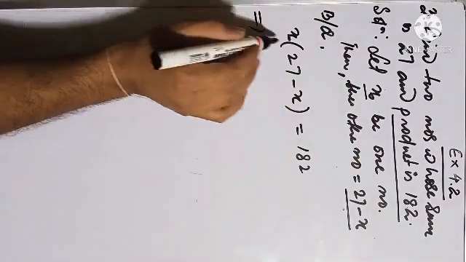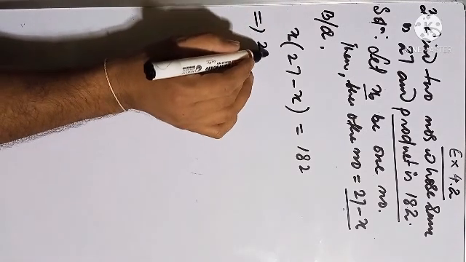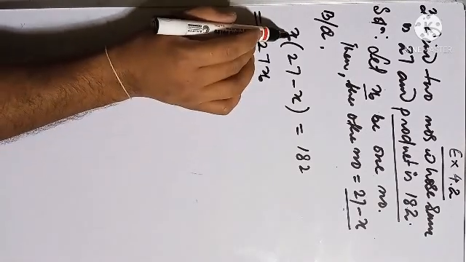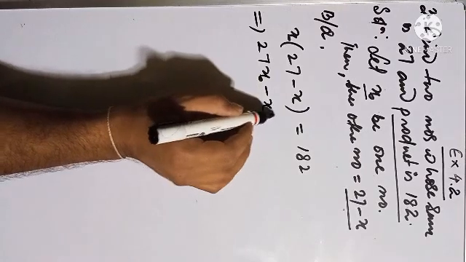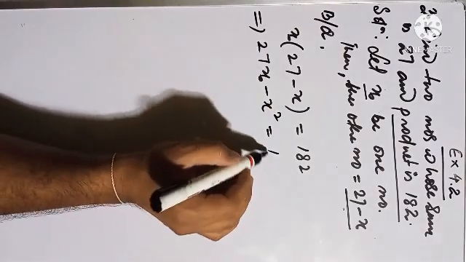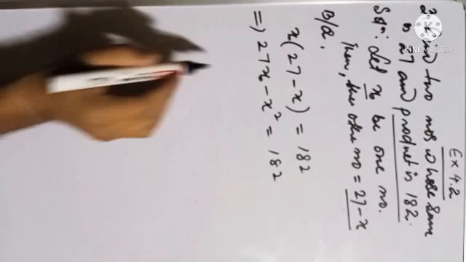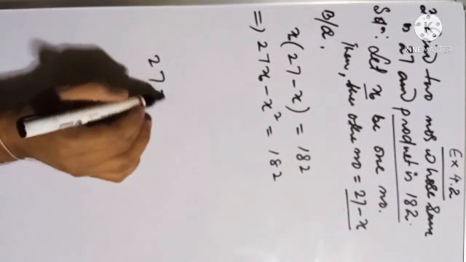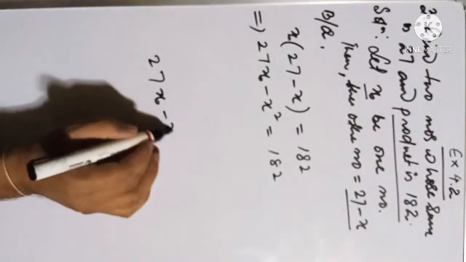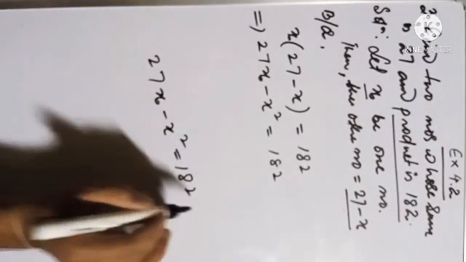Okay, let us see. x into 27 will be 27x. x into minus x gives minus x square, equal to 182. Look here properly. We have 27x minus x square is 182.